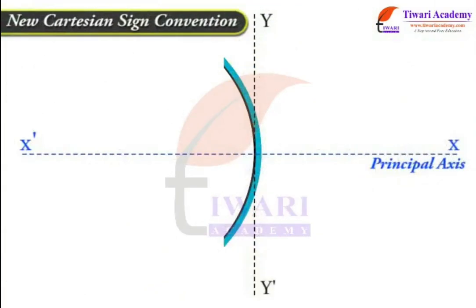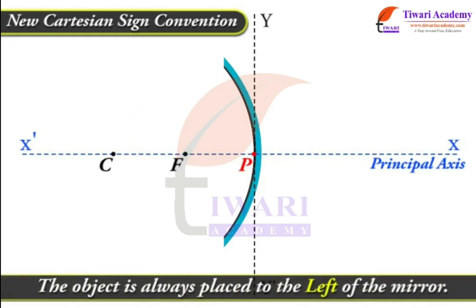In this convention, the pole P of the mirror is taken as the origin. The principal axis of the mirror is taken as the x-axis, x dash x of the coordinate system. The object is always placed to the left of the mirror.